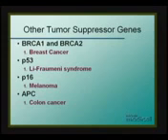This slide also shows you a couple of other important tumor suppressor genes and their relationship to particular types of cancer. There's an inherited form of melanoma that involves mutations in a tumor suppressor gene called P16. There's also an inherited form of colon cancer that involves mutations in a gene called APC.